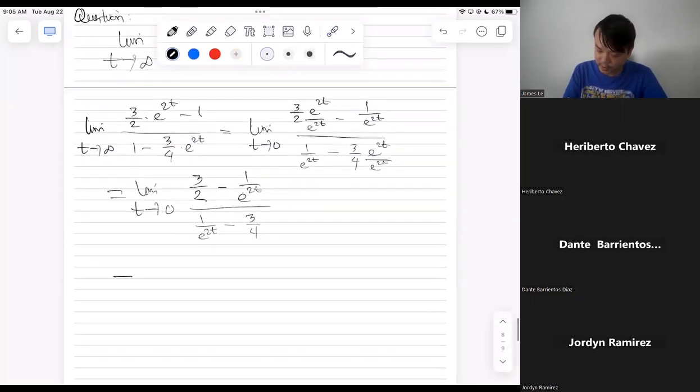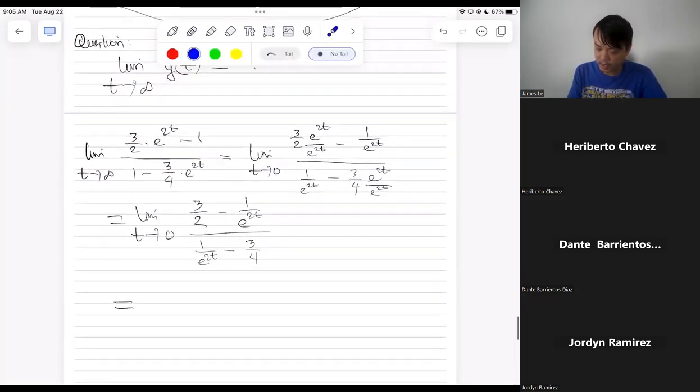Now you can see when t goes to infinity, this one goes to 0, right?